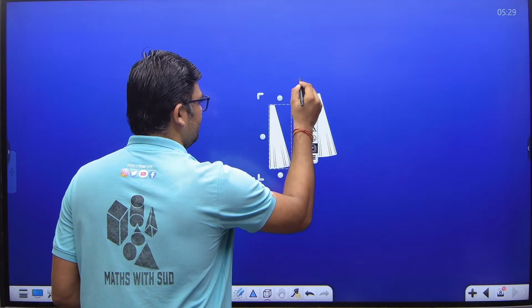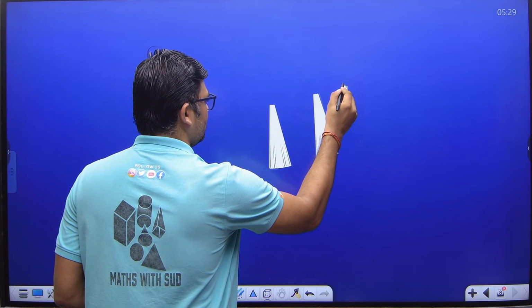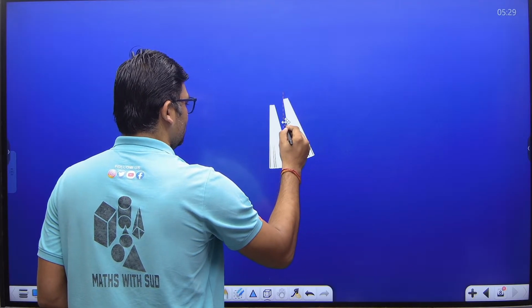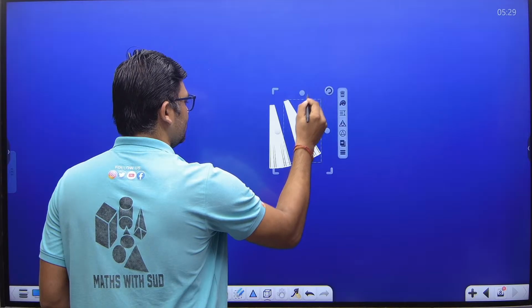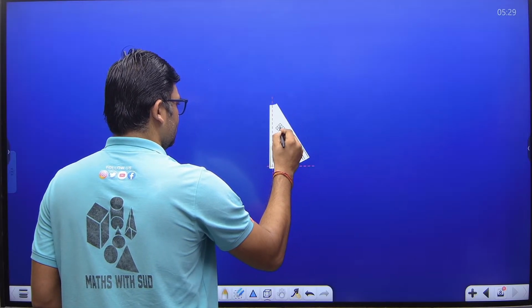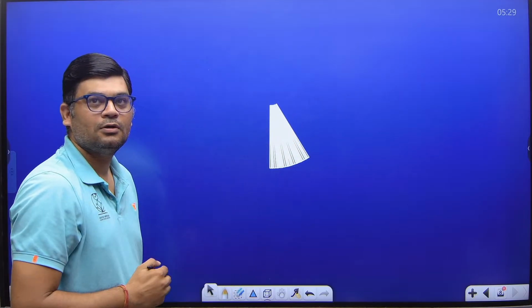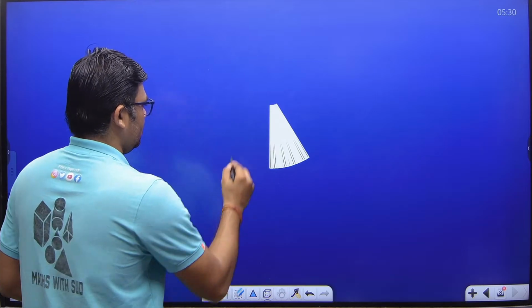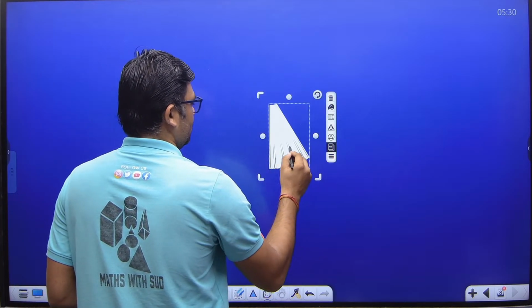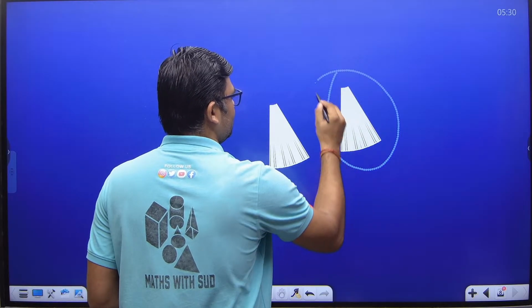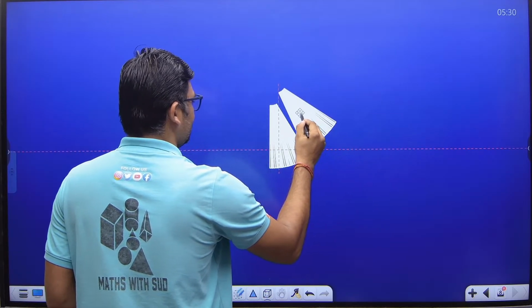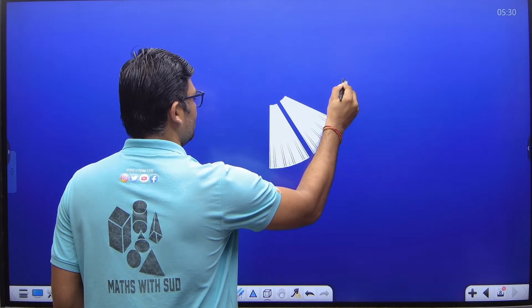Can you see the shape that is being formed? It is becoming a circle. That's like a quarter of a circle, or part of a circle. Yes. Today you will see that a circle can be formed from triangles also.